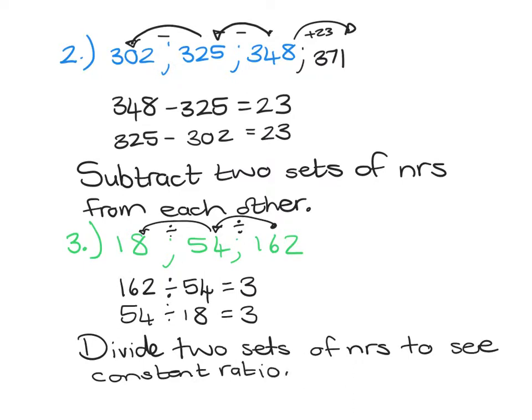And now I can get my next number. I can say 162. All I need to do now from there is times by 3, because I've noticed that 3 is the constant ratio, and that gets me to 486.